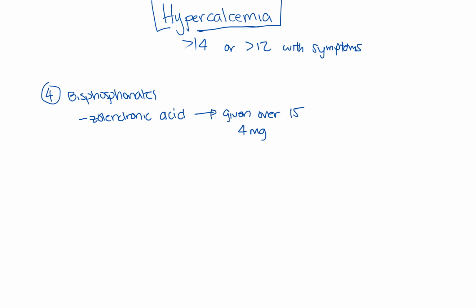The reason is zoledronic acid is associated with ATN, particularly in volume contracted states, and so it's kind of dangerous to be giving, and that's why the push is meant to be given over 15 minutes. When evaluated, giving it over 15 minutes is virtually not associated with acute tubular injury. That being said, I have seen a case where I'm confident it was the zoledronic acid and I couldn't explain it any other way.